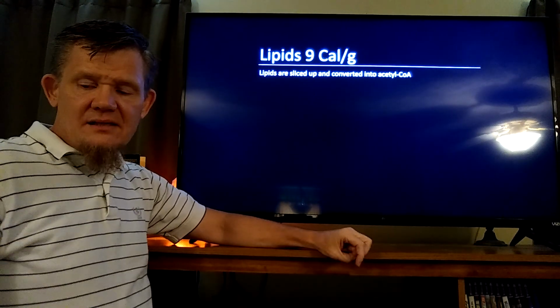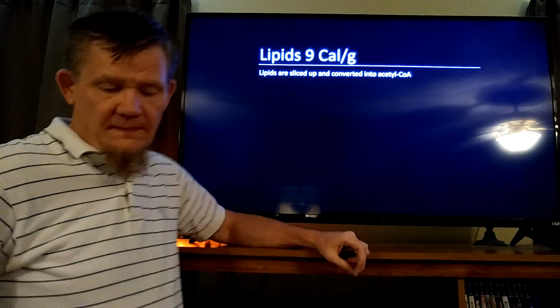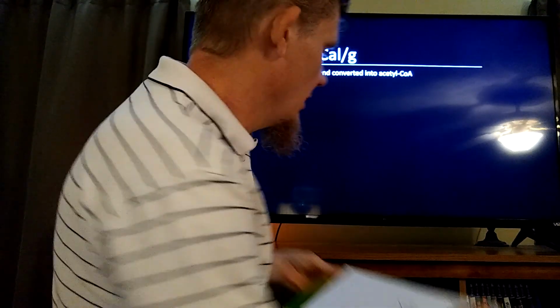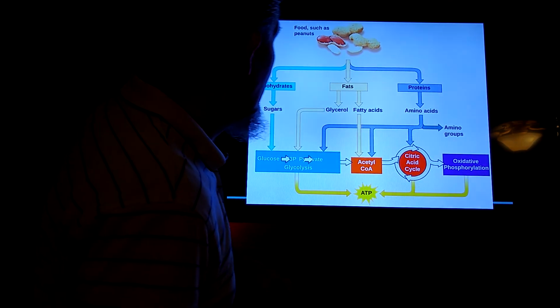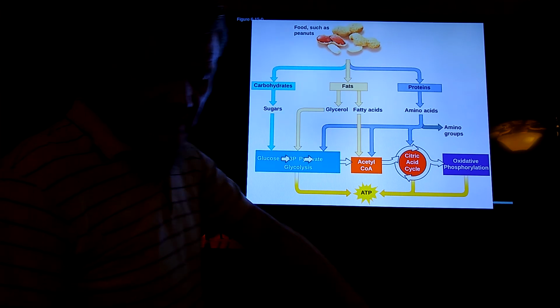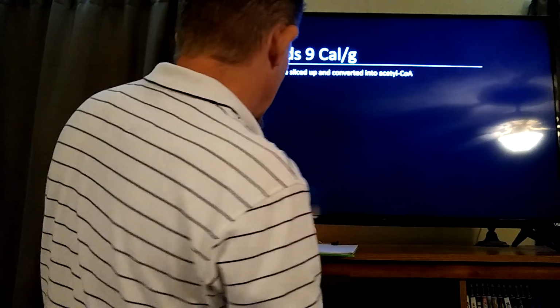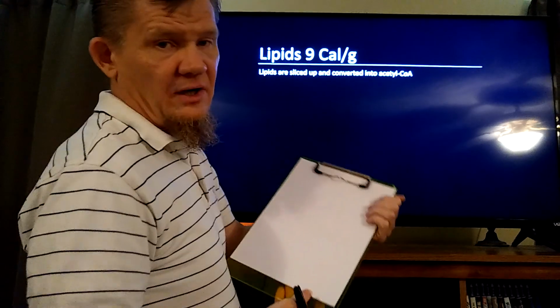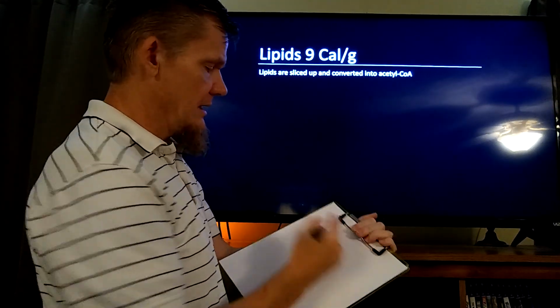Fats are sliced up and converted into something called acetyl-CoA. All right, so if we start with a normal fat like a triglyceride.